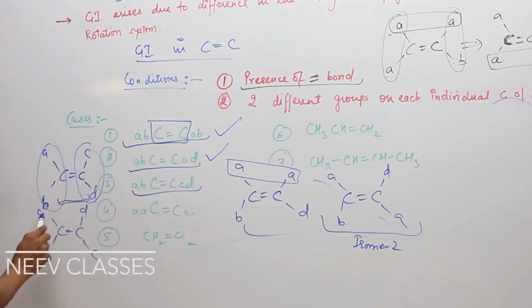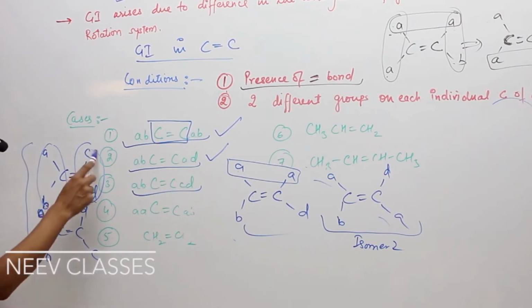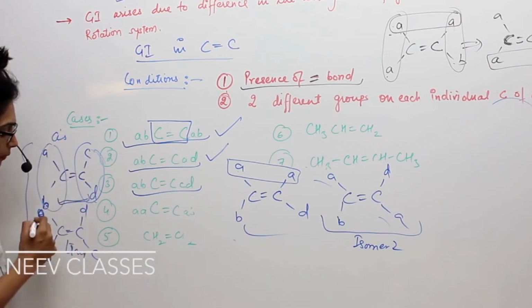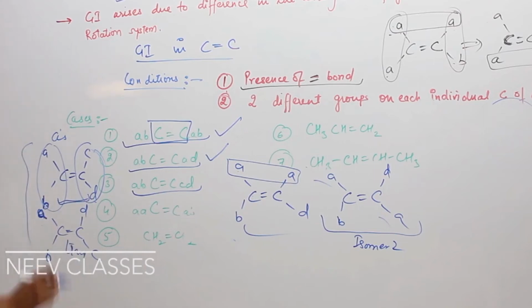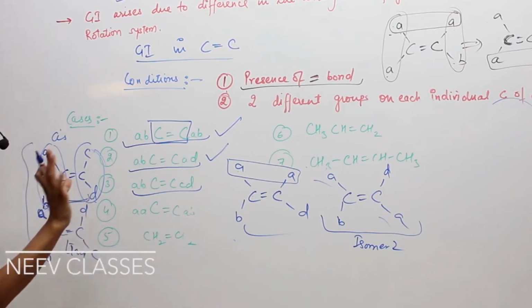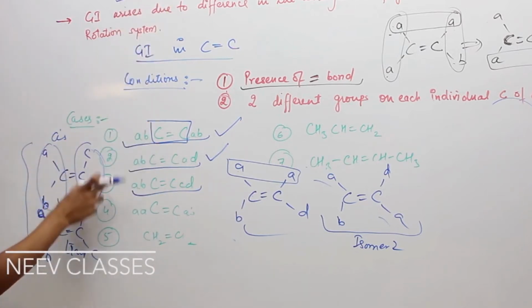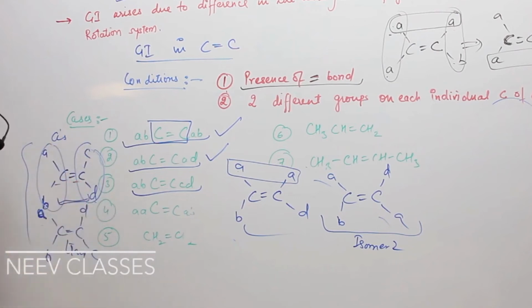Now A and D are on the same plane, basically facing the same area, and B and C are in the same plane. So though these isomers are not exactly cis and trans, they are called something else which we'll be talking about later on. But this kind of setup, where all the four groups are different, also tends to show geometrical isomerism. It is not necessary that both the groups which each carbon has should be the same.